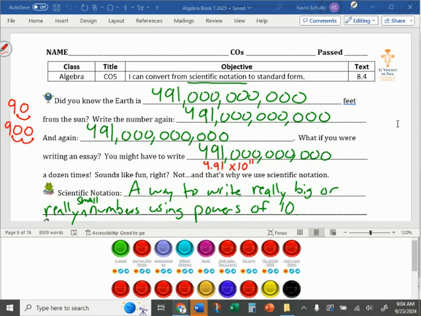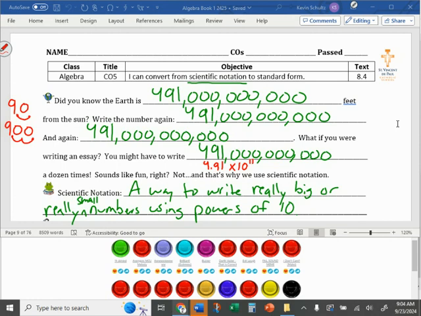Why is it 10 to the 11th power, Gabe? Because it's 4.91, not 491. Okay, so to get from 4.91 to 491 billion, how many times do we have to move the decimal point? 11 times.